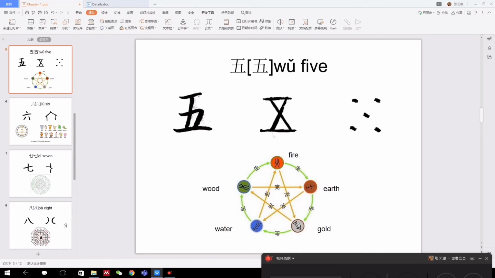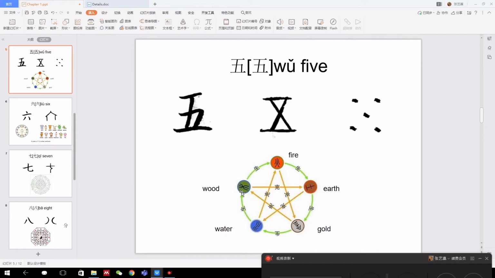And the intrinsic logic is that no element of them can live without each other, and everything has a good side and a bad side.